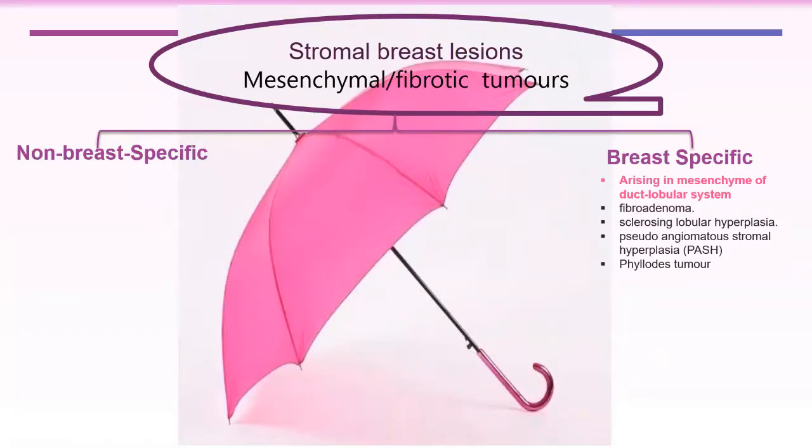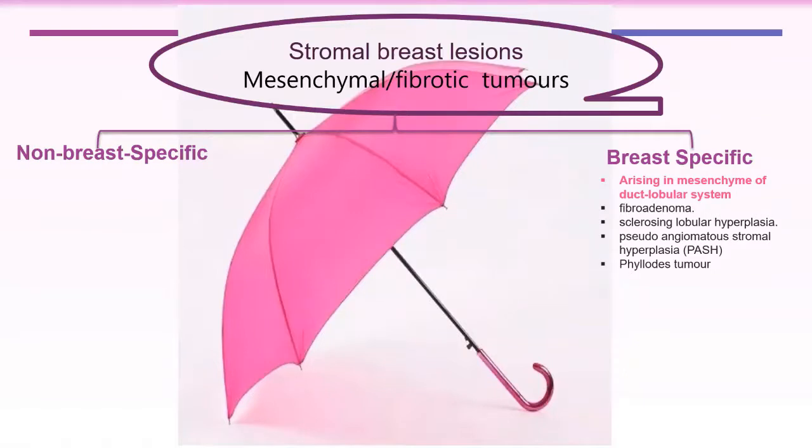So it can still be included in the breast-specific mesenchymal or stromal lesions. The others include sclerosing lobular hyperplasia or fibroadenomatoid, similar to fibroadenoma, also having the two components, pseudoangiomatous stromal hyperplasia and phylloides tumor. All of these have stroma with a variable amount of glandular or epithelial component.